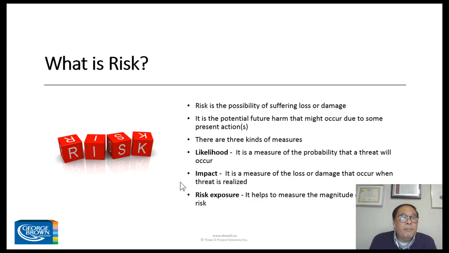Or I use this example in class, that we take an action like crossing the road without following the traffic sign, like jaywalking, right? So you're taking that action, but there is a risk that a car comes by very quickly without you seeing or recognizing it, then you get hit and you're hurt, right?